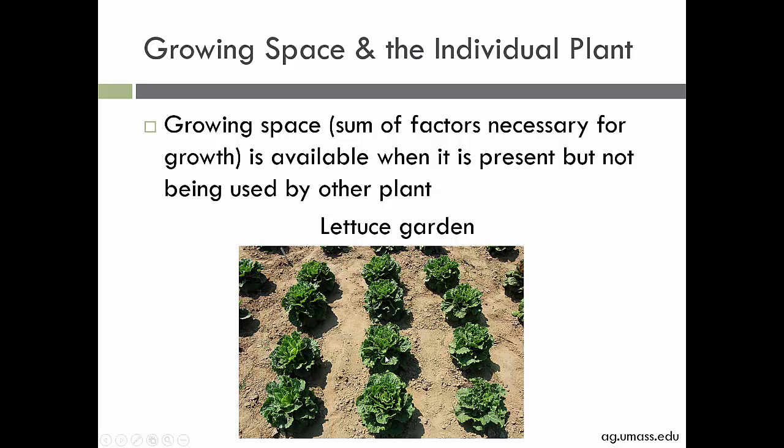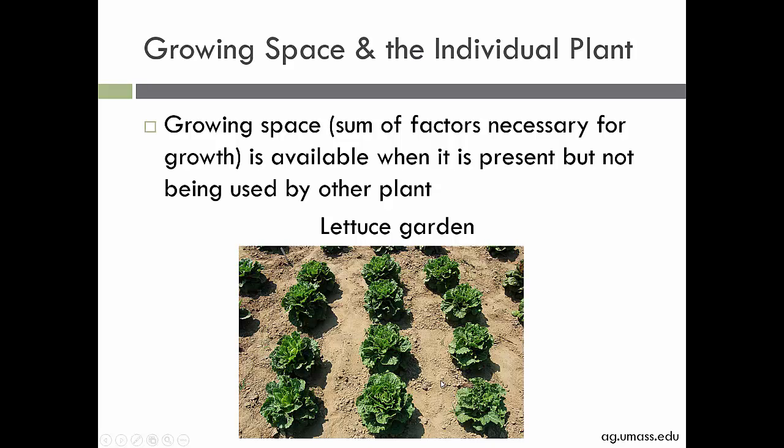And at first you're thinking, wow, I planted them really far apart. But we planted them far apart because they needed to have space available for them to grow. So they needed these factors. They needed this ability to grow.